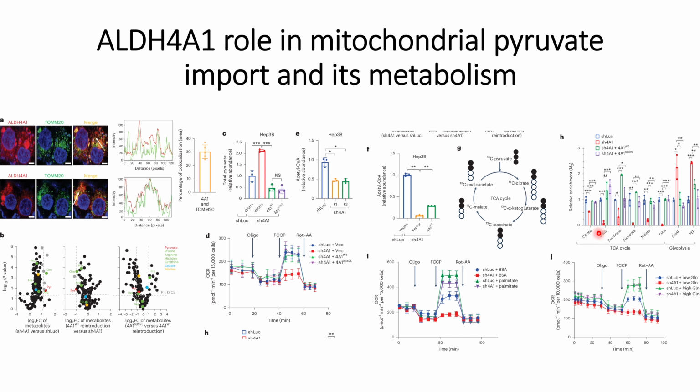They checked citrate, alpha-KG, succinate, fumarate, malate, and OAA. They also checked the glycolysis parameters, DHAP and PEP. They can see that the glycolysis part is upregulated when ALDH4A1 is knocked down, and it is reduced again when ALDH4A1 is reintroduced in either the wild type or mutated form.